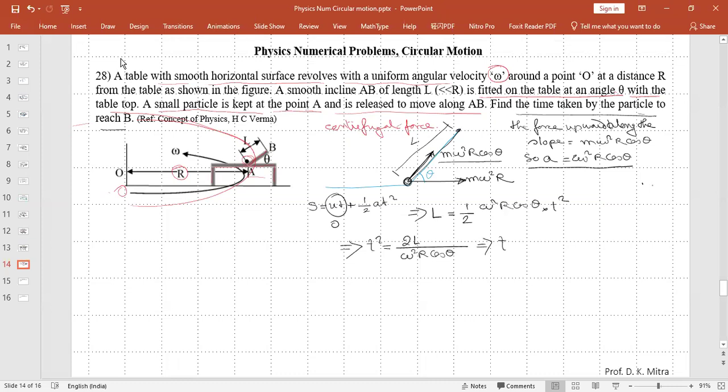Therefore, the time required is equal to the whole under root 2L upon omega square r cos theta. So this is the answer to this question. Okay? So next we shall go to the next problem.